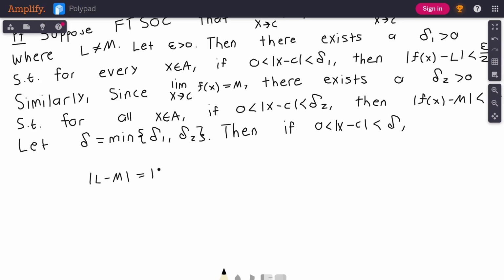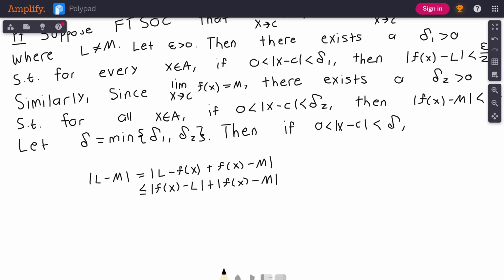So this is the same thing as the absolute value of L minus f of x plus f of x minus m. Okay, and now we can apply the triangle inequality. So this is going to be less than or equal to the absolute value of f of x minus L plus the absolute value of f of x minus m.